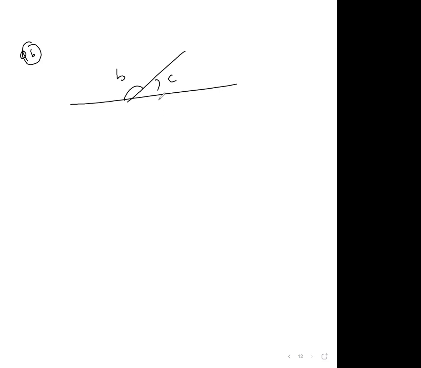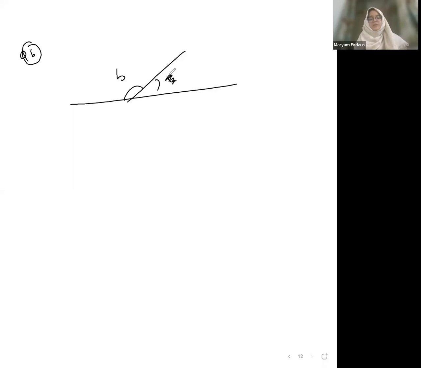Yes, because they are a linear pair. But where are vertically opposite angles here? This is angle B, this is angle C. What are they forming? You told me just now, a linear pair. So if you find C, then you will be able to find B also.